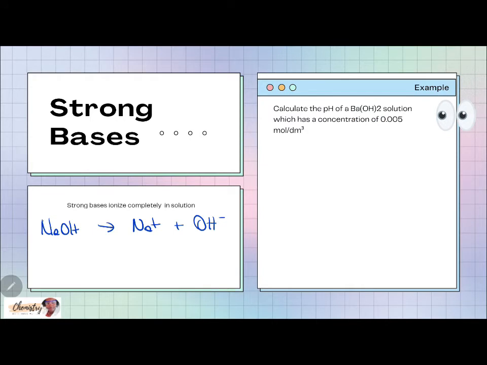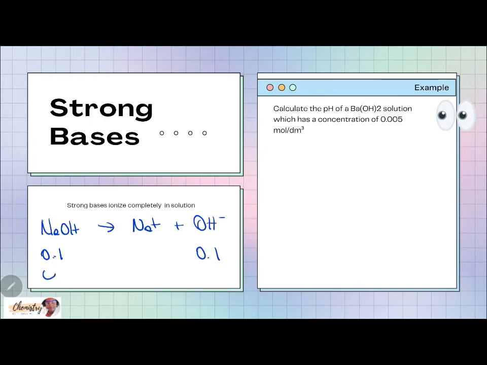Because they ionize completely, we can use the concentration of the sodium hydroxide solution to know the concentration of the hydroxide ions. So if we had 0.1 mole per dm cube sodium hydroxide, then we must also have 0.1 moles of hydroxide ions.